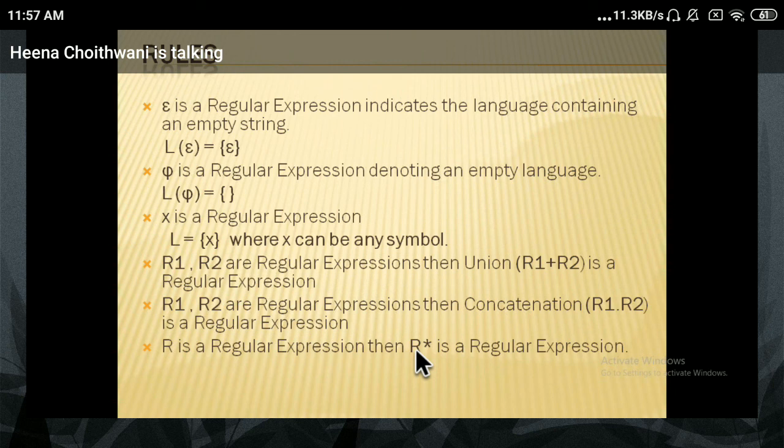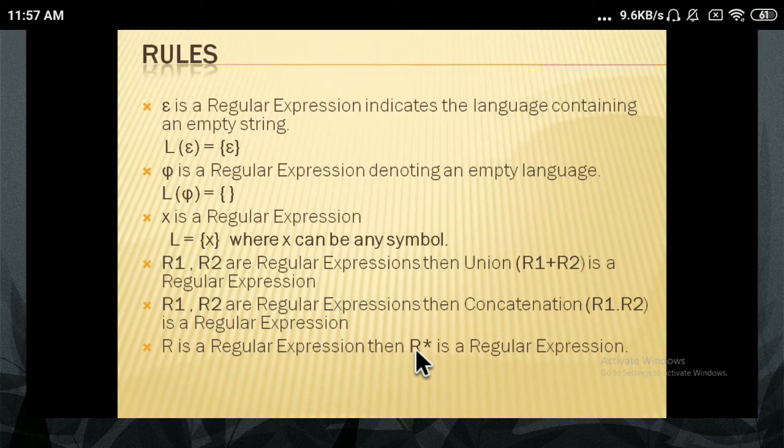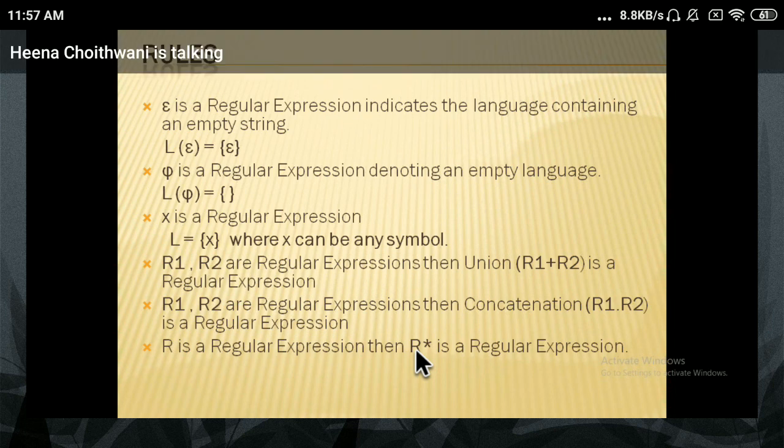Can you tell me what a star closure is? We have seen these terms, positive closure and star closure. What will be the star closure? If R is a set of a few symbols, what will be the R closure?